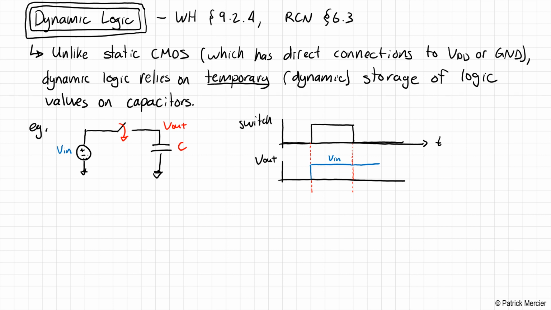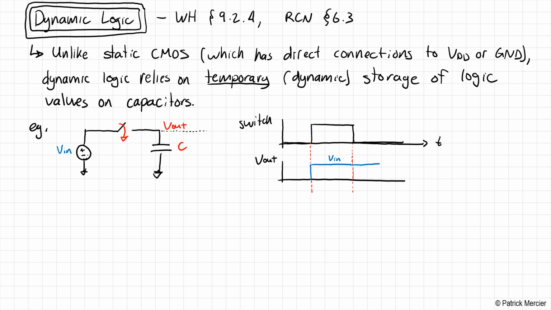And this is really the basis of dynamic logic. Once you charge a capacitor, unless there's some mechanism by which charge will leak away, that logic level will stay there forever, unless there's a path to leak that away. Unfortunately, there is a path for this to leak away, so we never have capacitors just sitting there in the ether, not connected to anything.